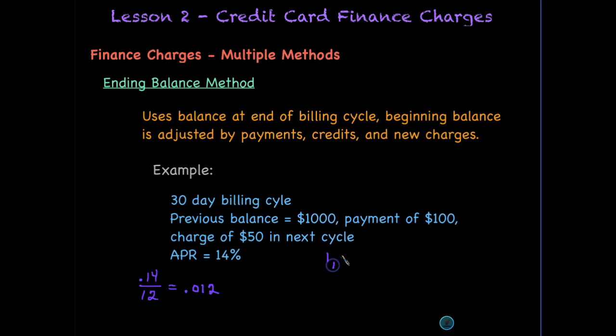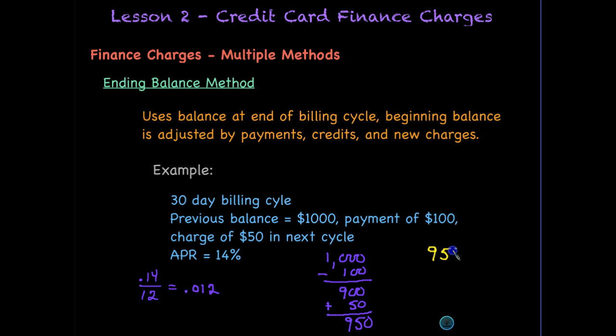Okay, here we start with 1,000. We subtract our payments of 100 to get 900, but then we need to add any new purchases onto our balance to get a balance of 950. So this 950 is what we will calculate our finance charge on.